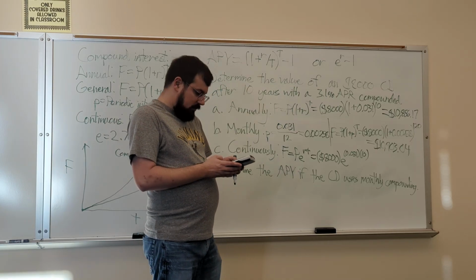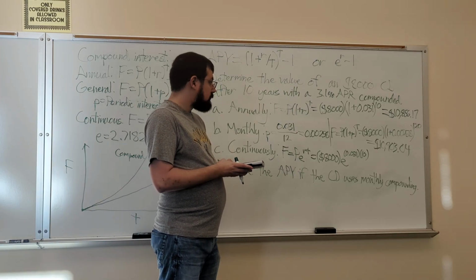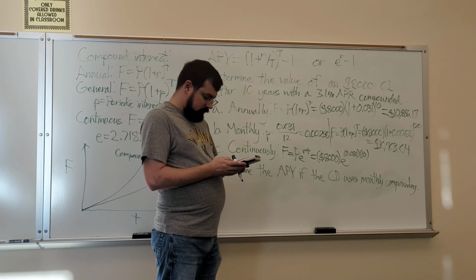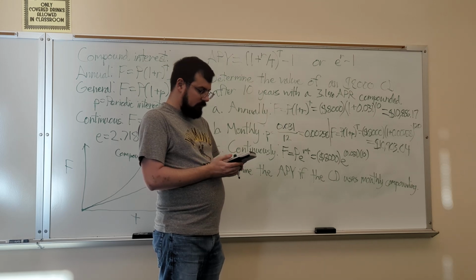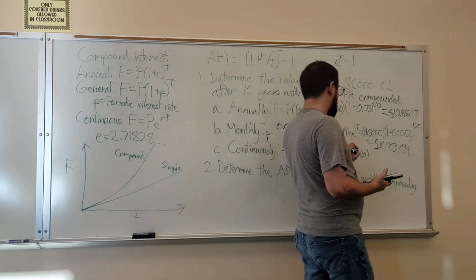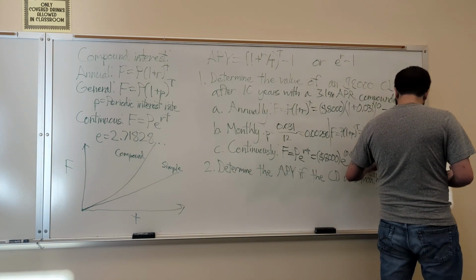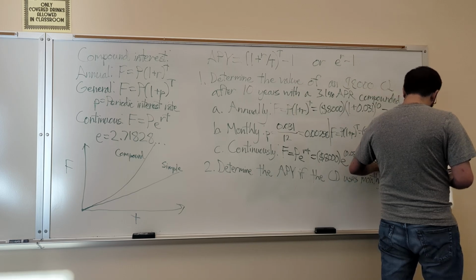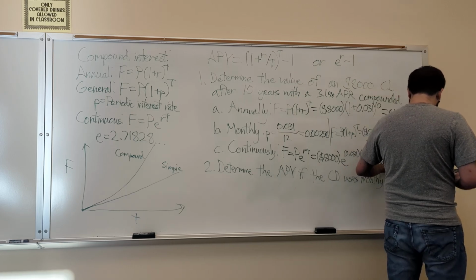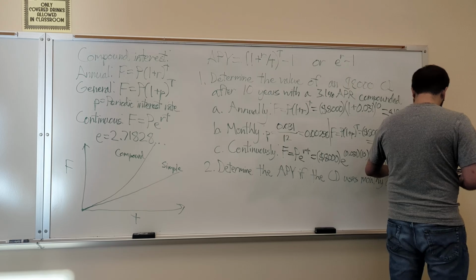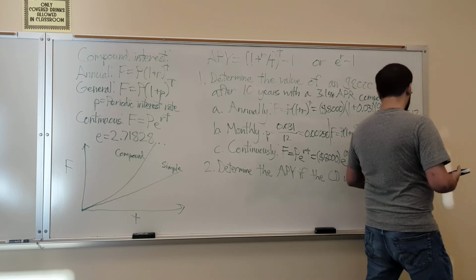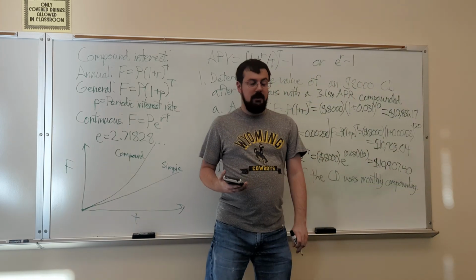So what this works out to be is $10,907.40. So hardly any difference at all from monthly compounding.